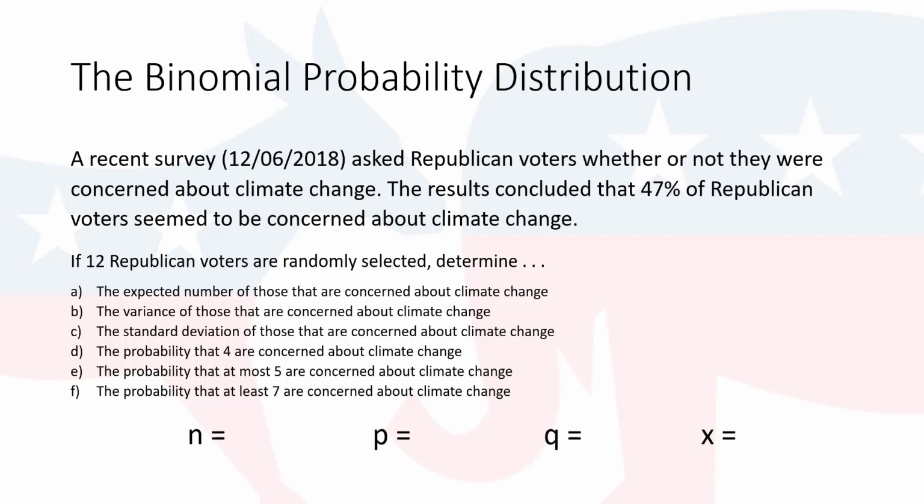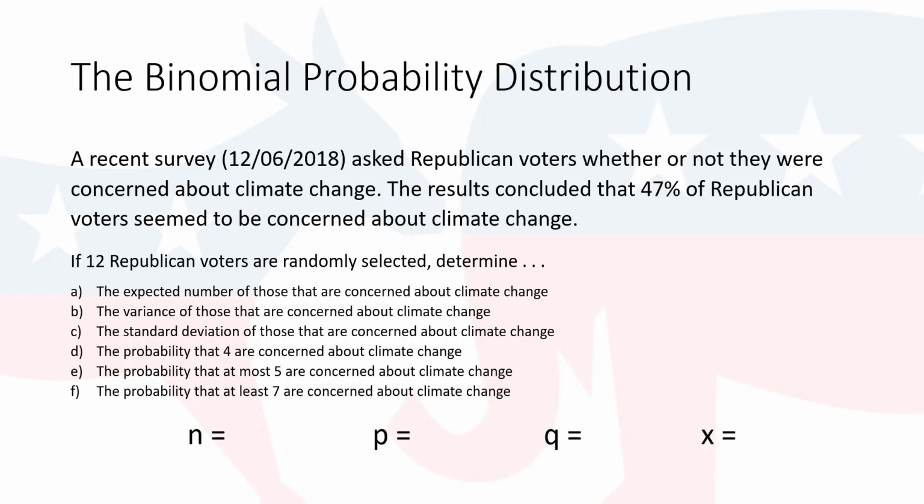I hope you can easily convert 47% to 0.47. So for part D, n is 12, p is 0.47, q is 1 minus p, and that would be, in this case, 0.53, because 1 minus 0.47 is 0.53.